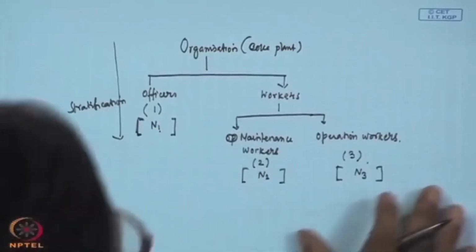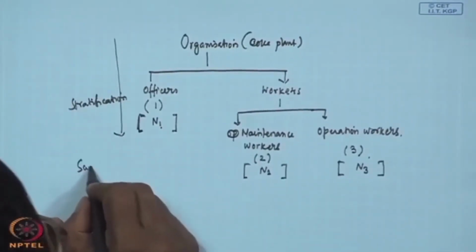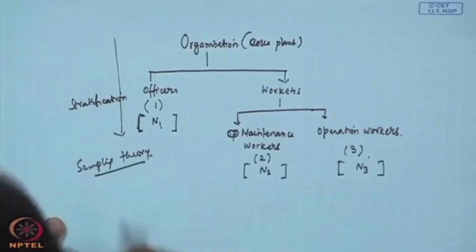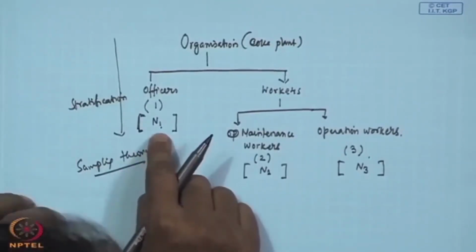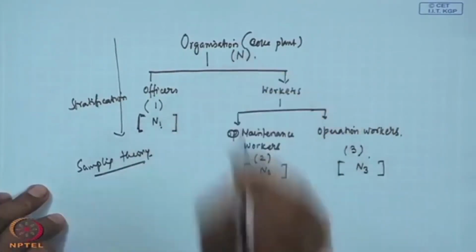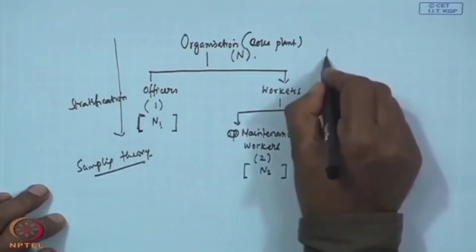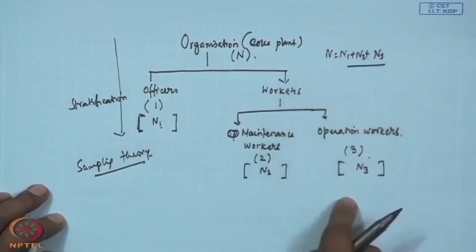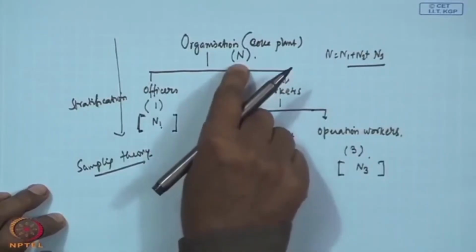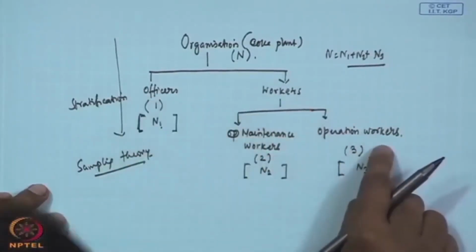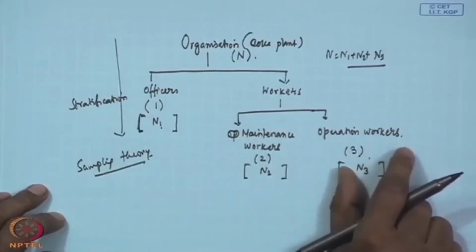Then there is one concept called sampling theory. In sampling theory, you will find that if N1 people are working in this group, or in totality in the organization, N people are working, where N equals N1 plus N2 plus N3 in this case. Now, officers, maintenance workers, operations workers, so many people are there.